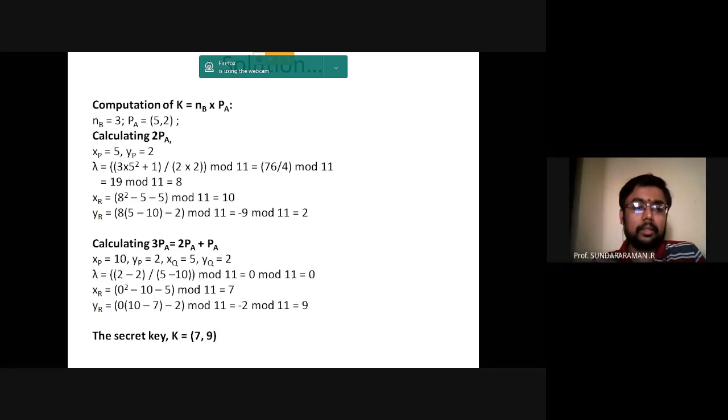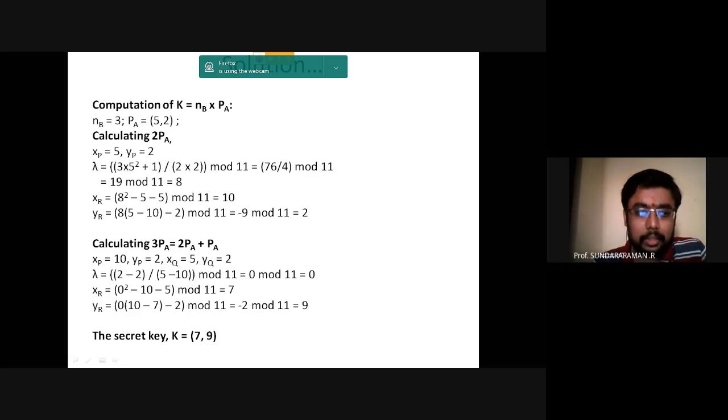Now coming to XR, lambda square minus XP minus XQ. So since it is 0, 0 square minus 10, because XP is 10 here, minus 5, XQ is 5. So minus 15 mod 11, again minus 4 mod 11, that is equal to 7.